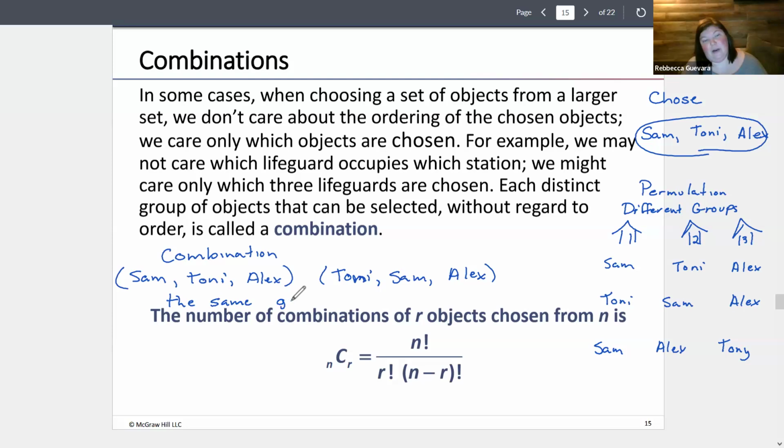If I change the order here in a permutation, I get different groups, but in combinations, they're all considered to be the same group. So when we do a combination, that is nCr, and we have n factorial divided by r factorial times (n minus r) factorial.